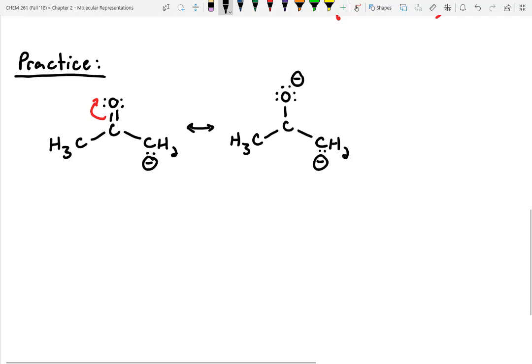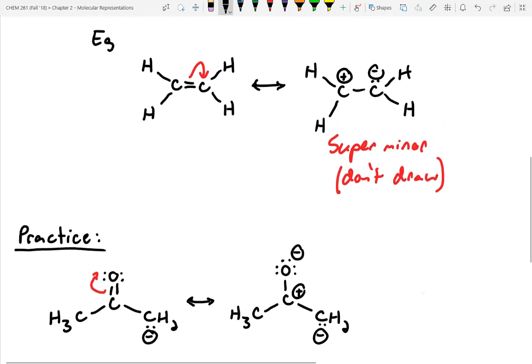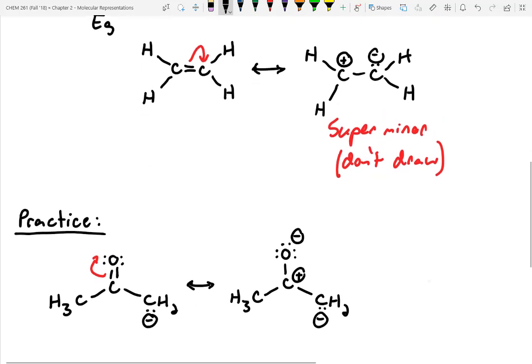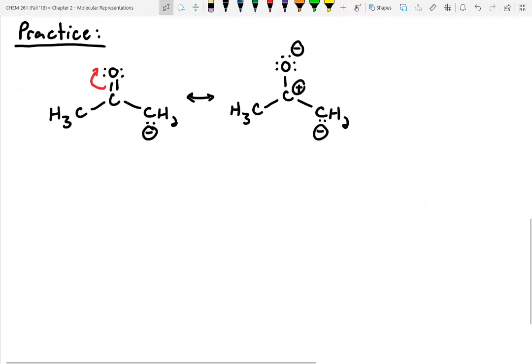If we do that, what's the formal charge on the central carbon? Positive. Do we really need to draw this resonance structure? I just went up here and said don't draw resonance structures with C plus C minus, so I'm going to immediately label this one as super minor.